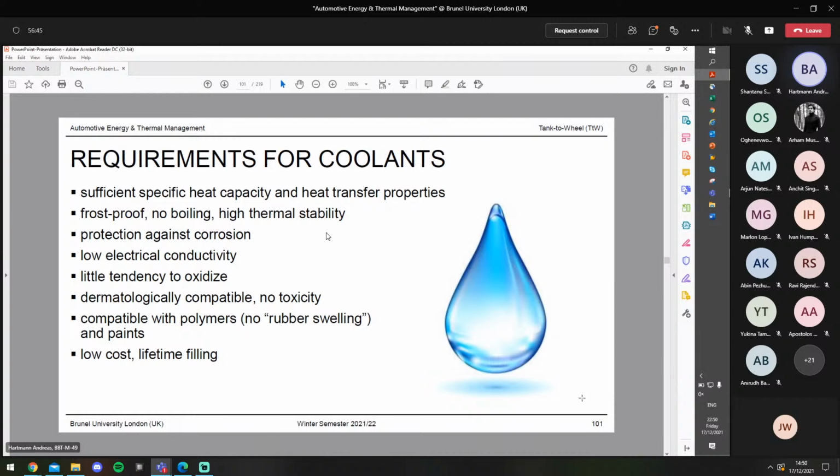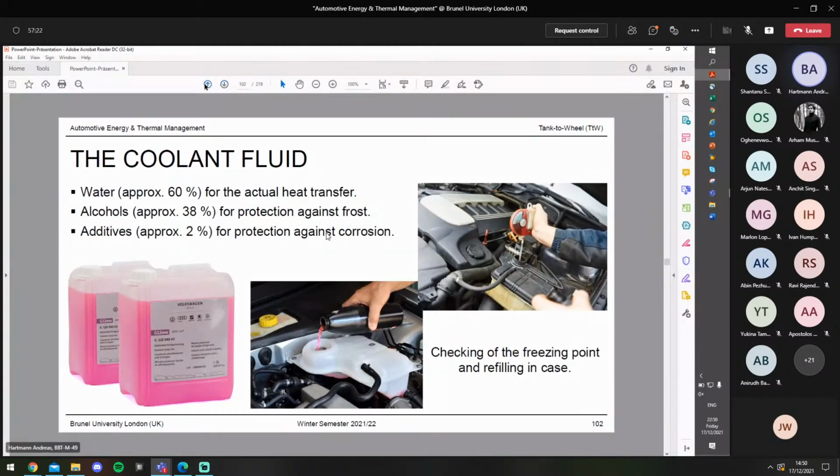It must be compatible from a toxicological point of view, no toxicity, compatibility with polymers, no rubber swelling, and paints as well. So when the coolant gets in touch with different material, for example rubber, but also for example the paint of the vehicle, it must not cause any damage, and for sure low cost and lifetime filling is required.